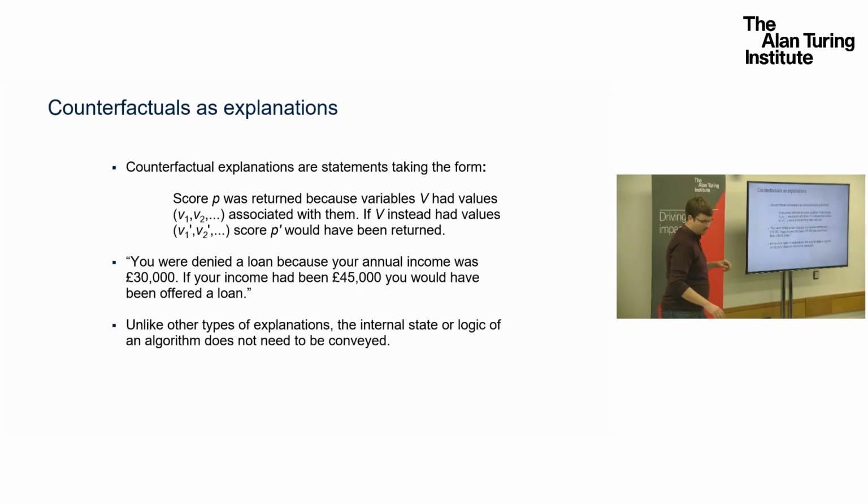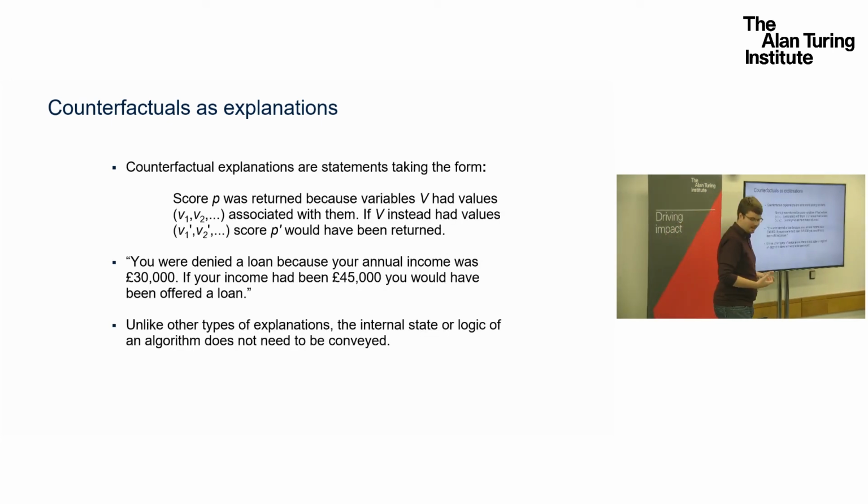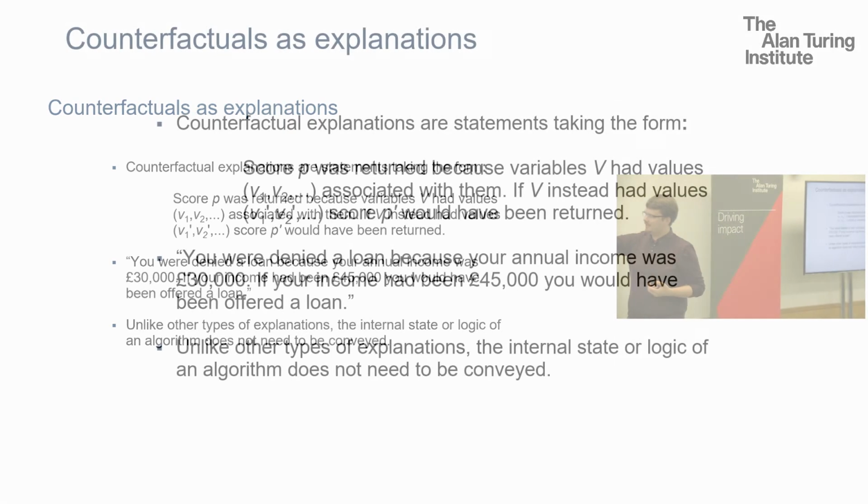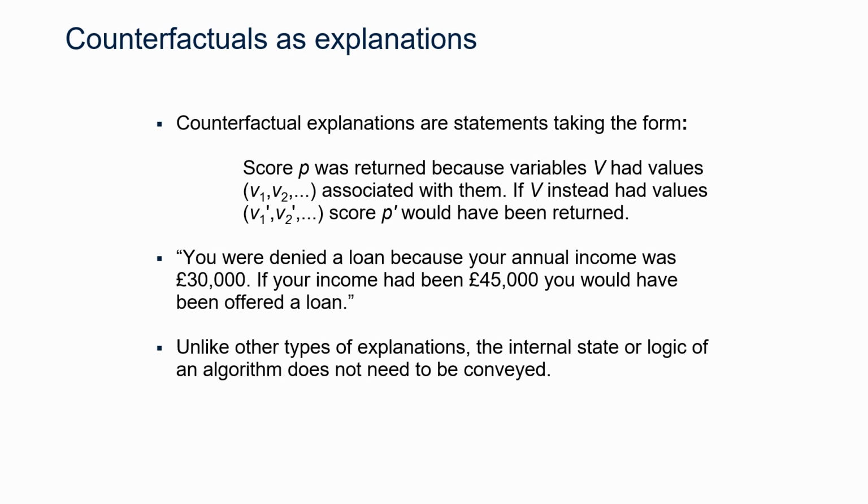And so the form that a counterfactual explanation would take is this one here. Score P, so your credit rating of 900, was returned because variables V had values V1, V2, and so on associated with them. So you had a number of input variables. They had these certain values associated with them.